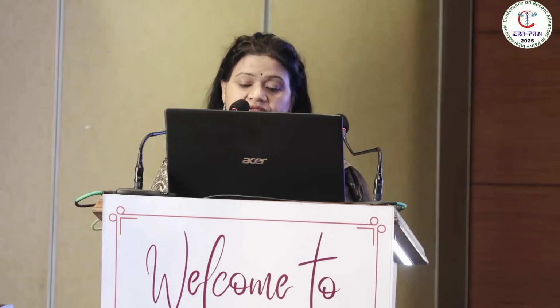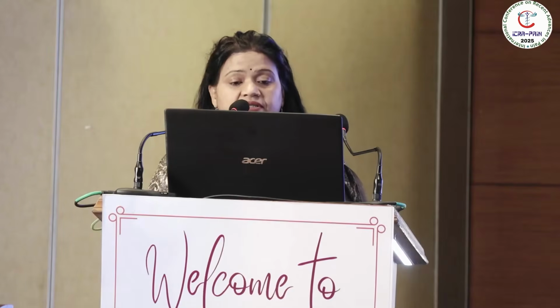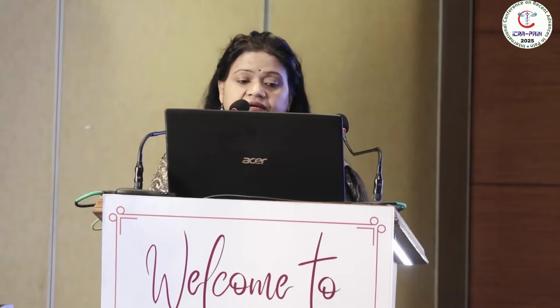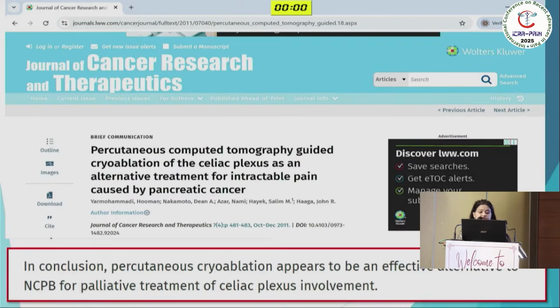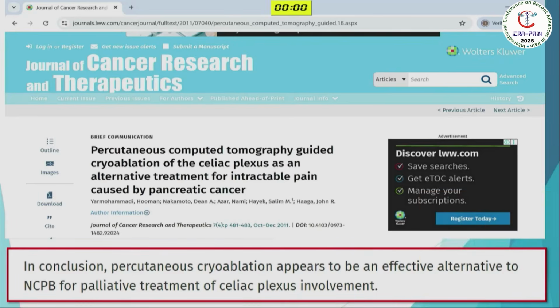And there are many publications, that is, CT-guided cryoablation of the celiac plexus. This also has a very good result in abdominal cancer. There are other publications like percutaneous computed tomography guided cryoablation of the celiac plexus as an alternative treatment for intractable pain.